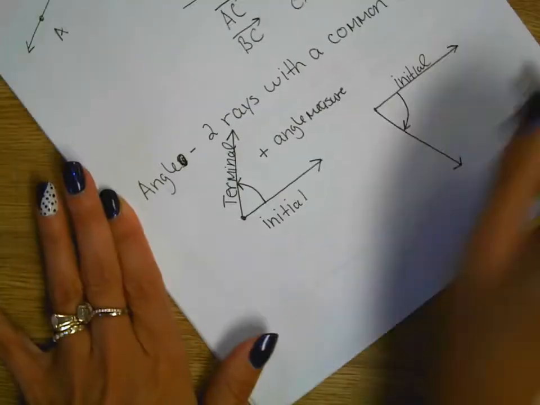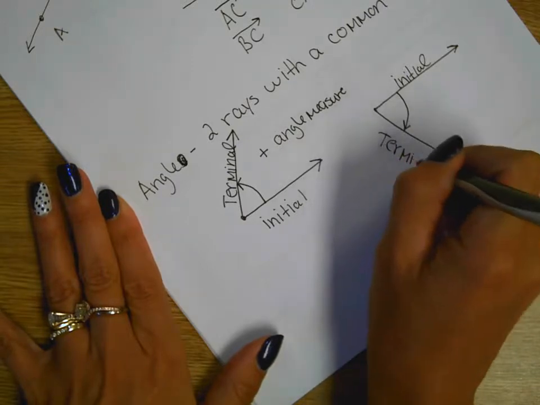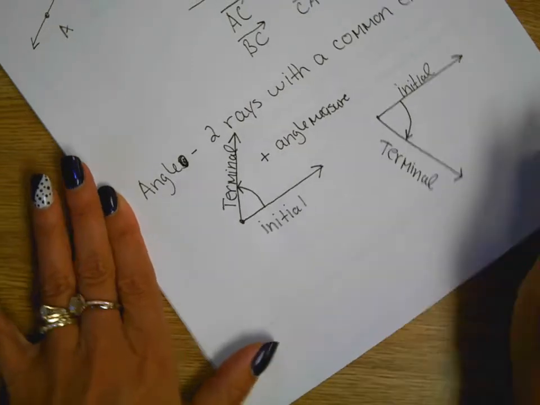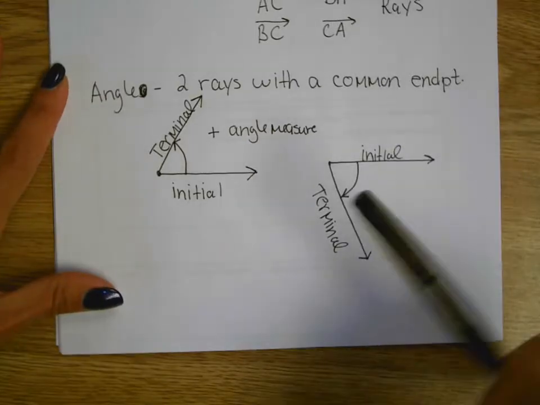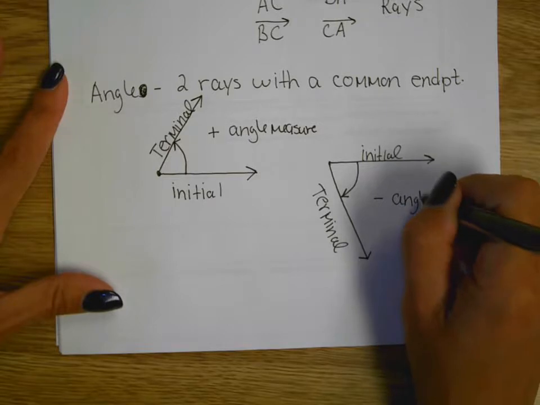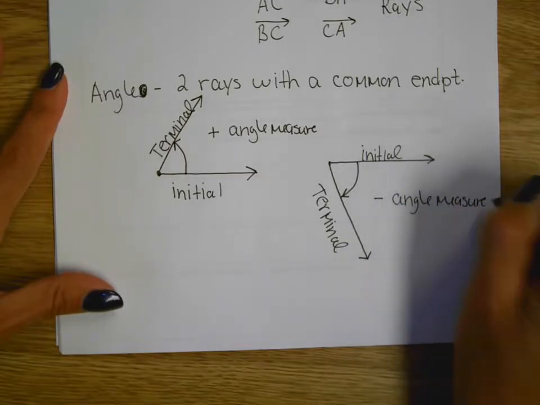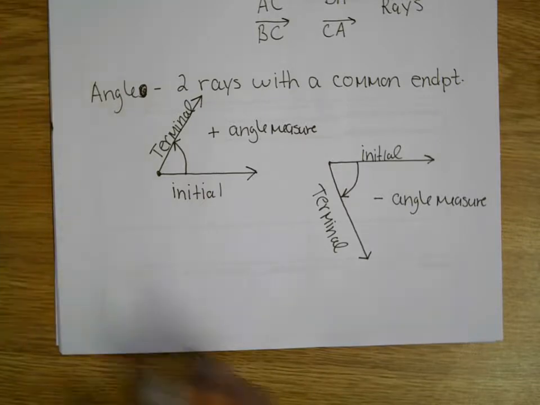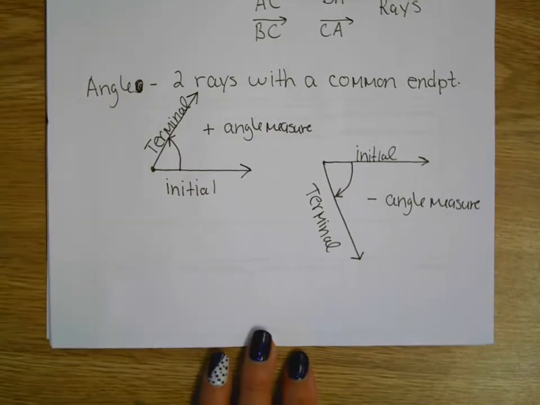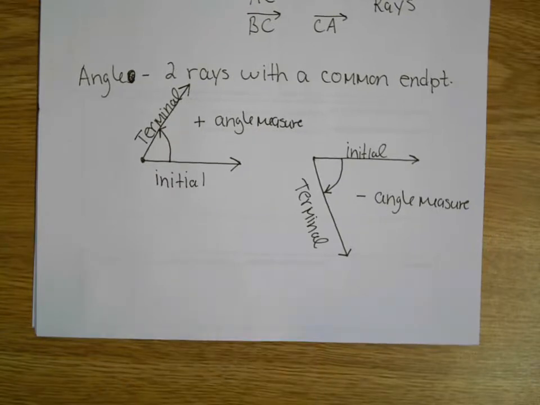So this one's going to terminate this way. So clockwise rotation gives us a negative angle measure. So there's something new for you.